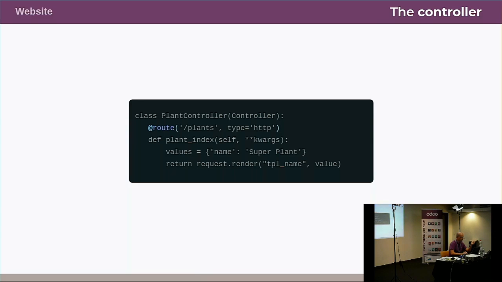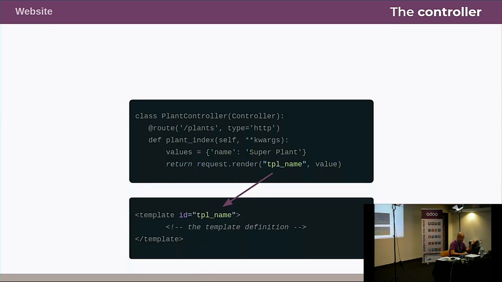So then we use the decorator route, and the first argument is the URL that you need to listen to. Then you declare your method, and then you can create any kind of logic that you want in Python. And then what you do is that you can render the template.